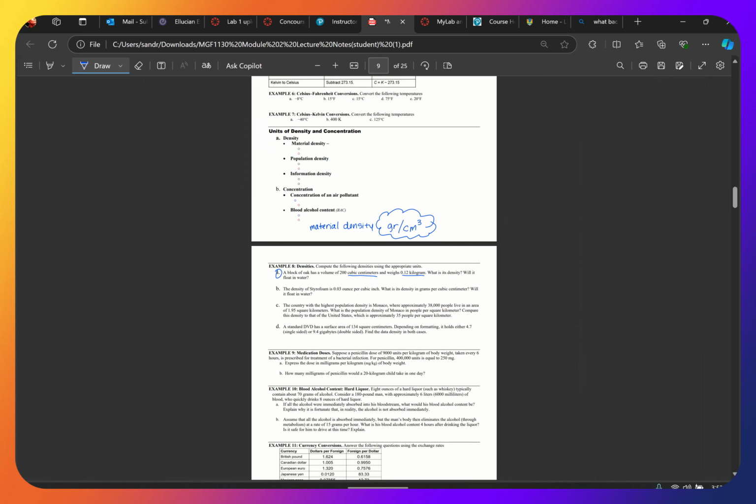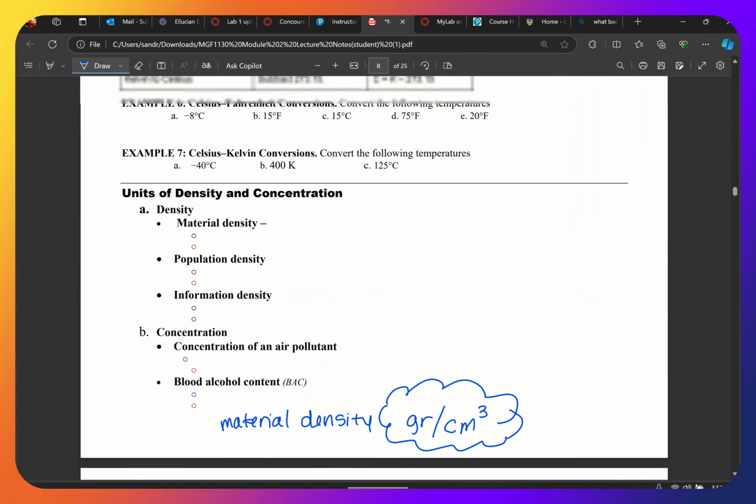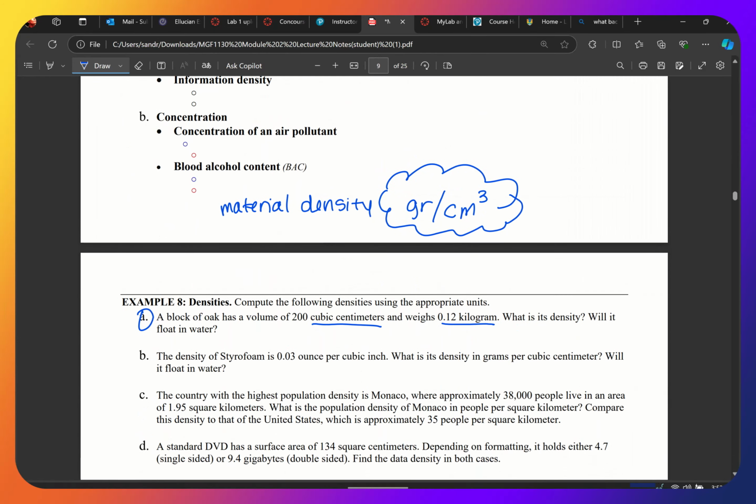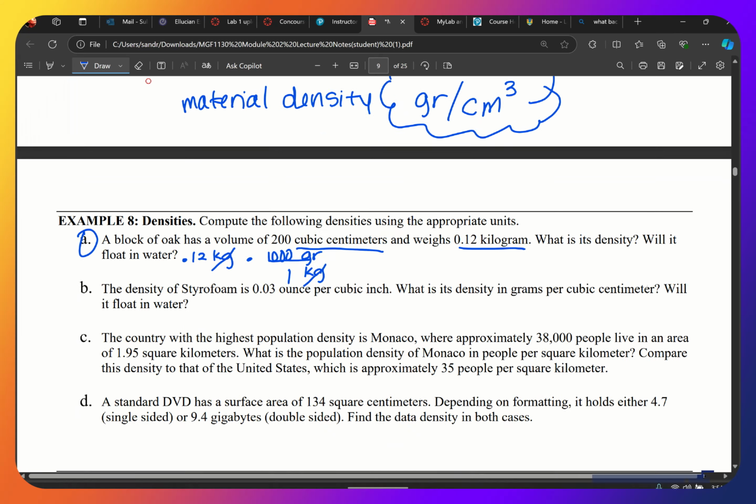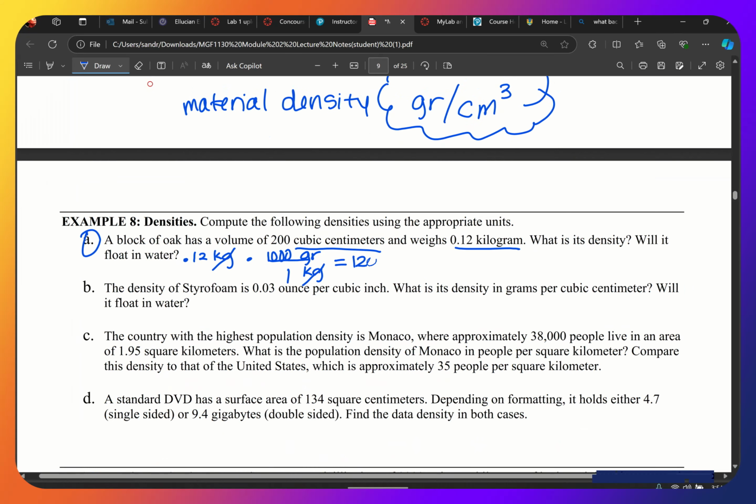This is 2B. It's still in 2B. Yeah, right after the temperature stuff. Kilograms to grams. So I have 0.12 kilograms. I need grams. It's 1,000 grams in 1 kilogram. Kilograms cancel. So this gives me 120 grams.